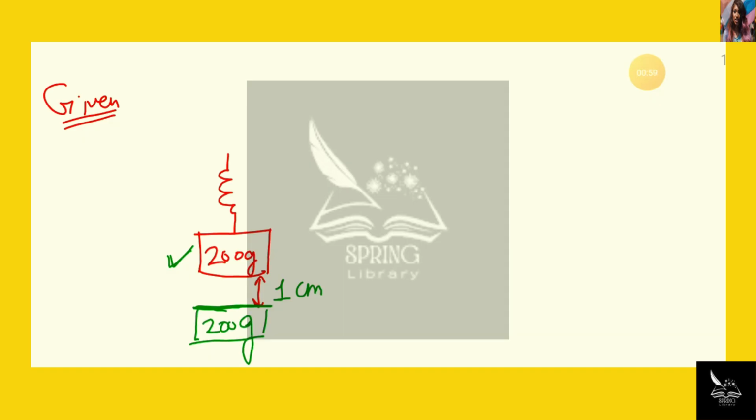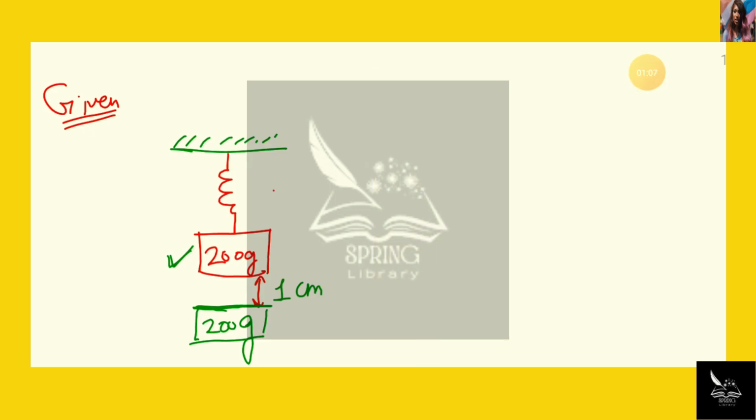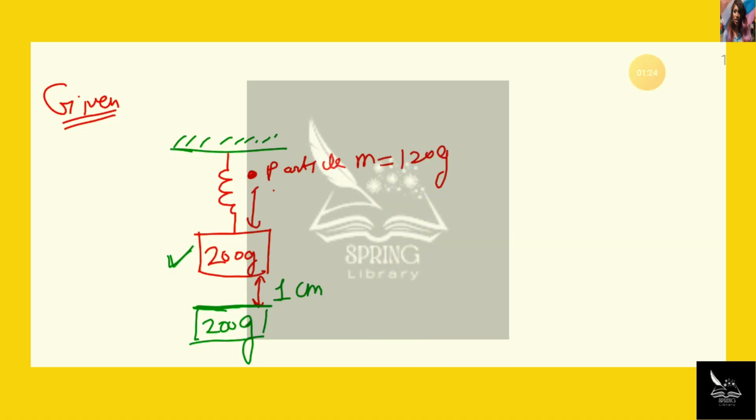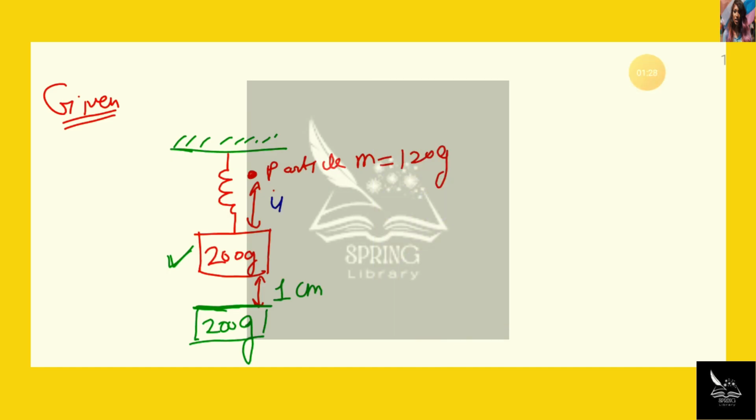Now the question says there is a particle of mass 120 gram which is dropped onto the block from a height of 45 centimeter. So consider that this is a particle whose mass is 120 gram, and the height from the block is 45 centimeter.